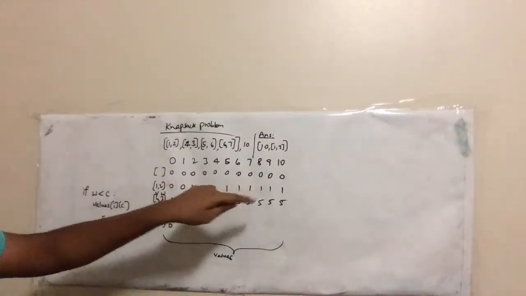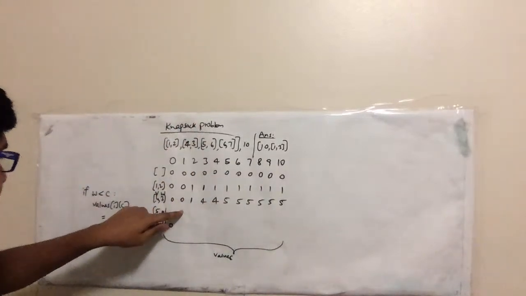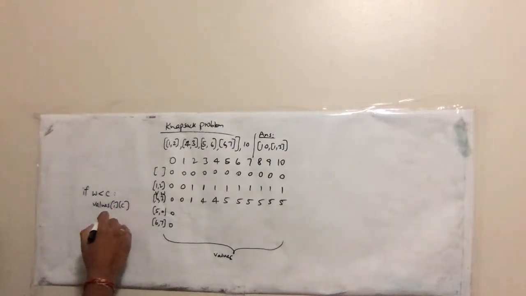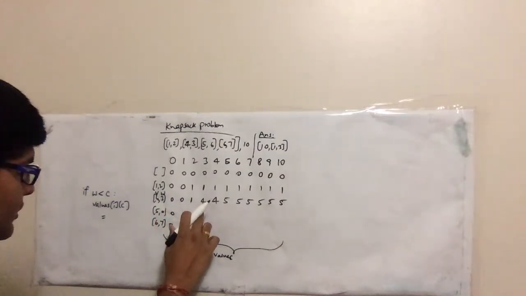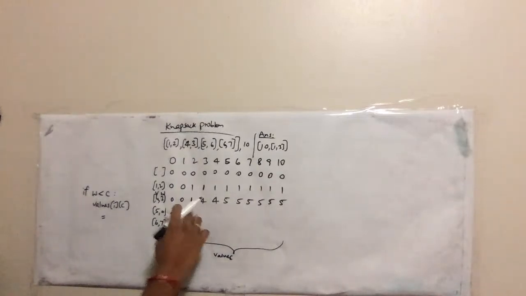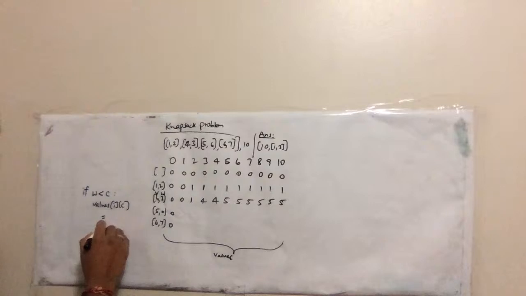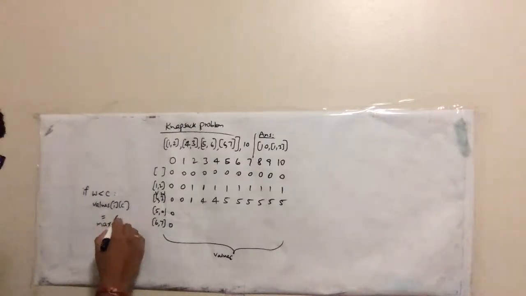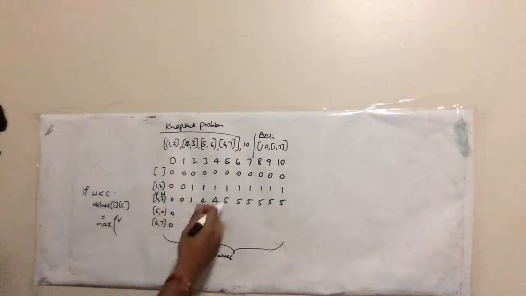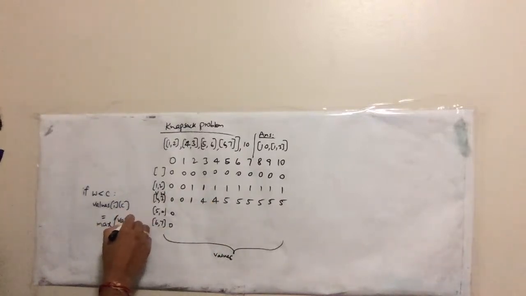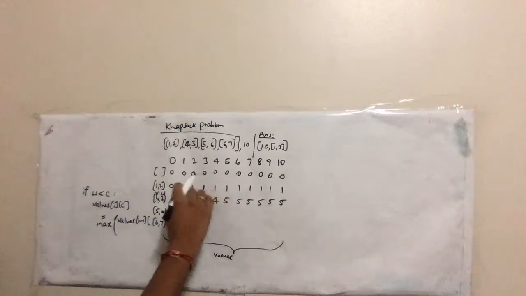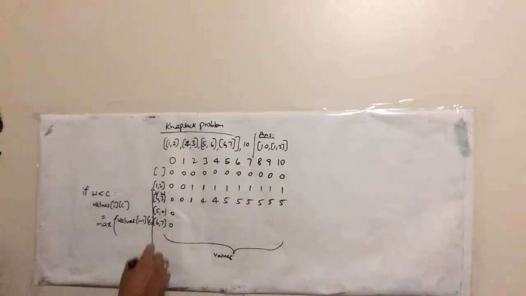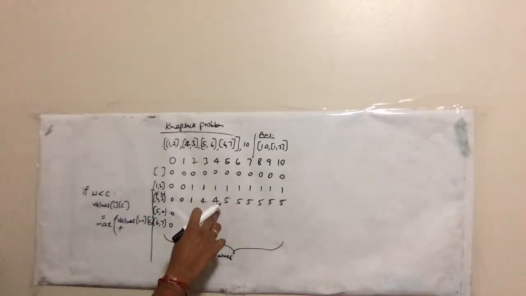I am calling it as the ith row and cth column. So what will happen is, if we consider the item, we will just keep the max of the value just above this element, values of i minus 1 row and cth column, plus what we have added here.